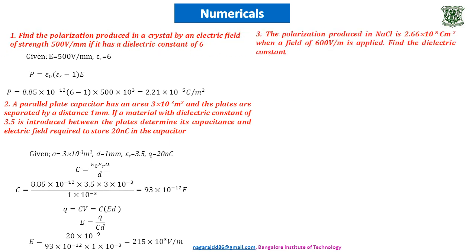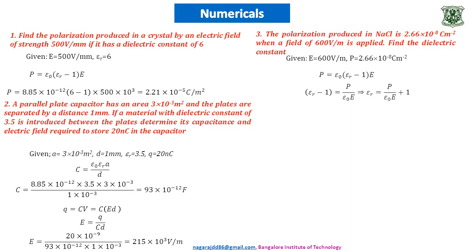Third question. The polarization produced in a sodium chloride crystal is 2.66 into 10 power minus 8 coulomb per meter square when a field of 600 volt per meter is applied. Find the dielectric constant. See, question number 3 is almost similar to question number 1. Therefore same equation I make use of.